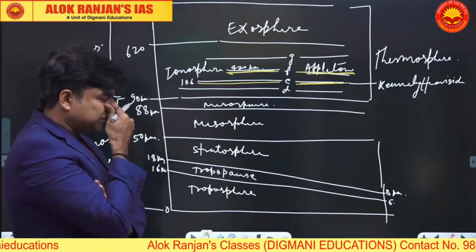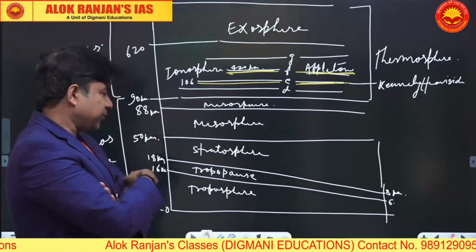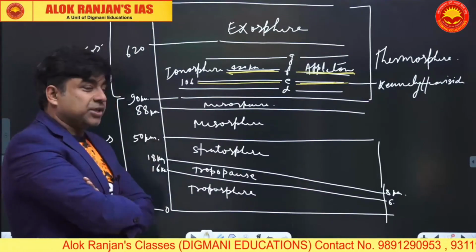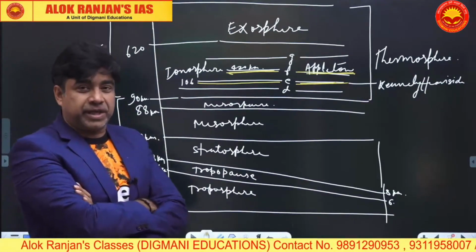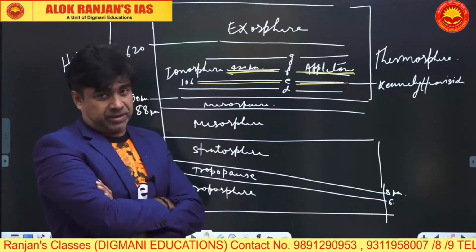Troposphere is called troposphere because of the turbulence, because of the mixing of the air vertically as well as horizontally.